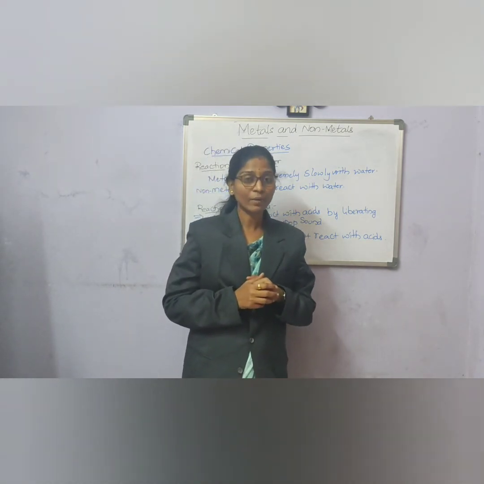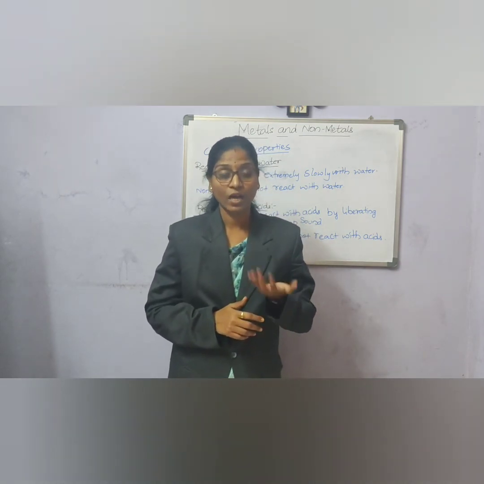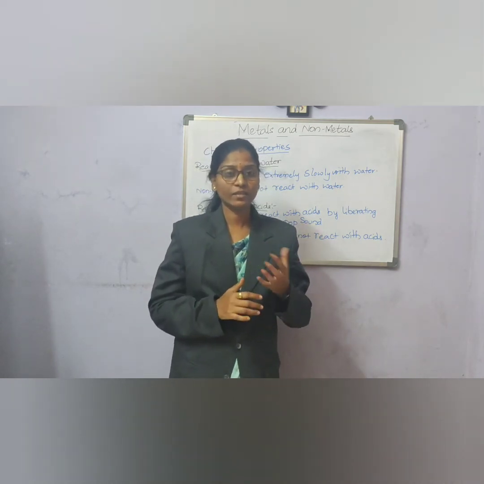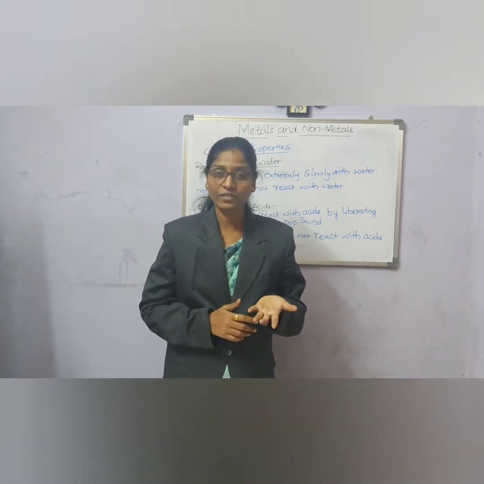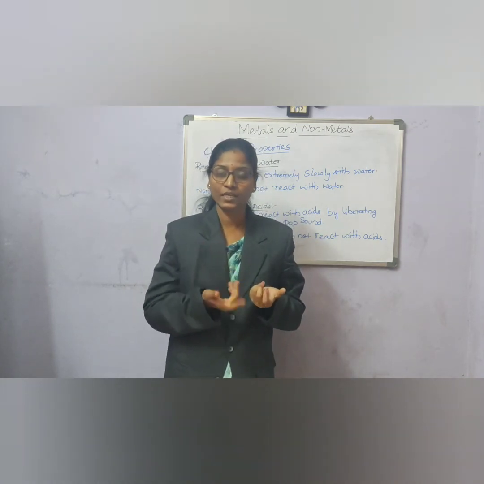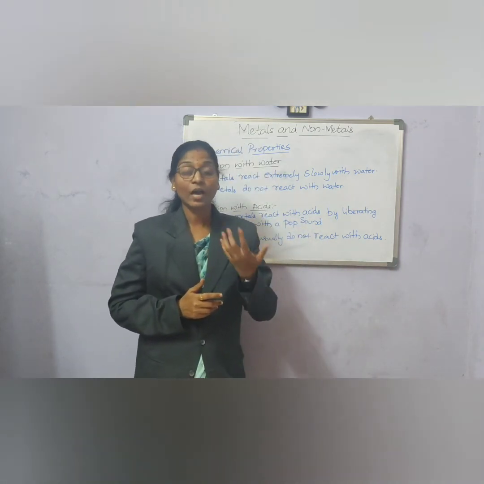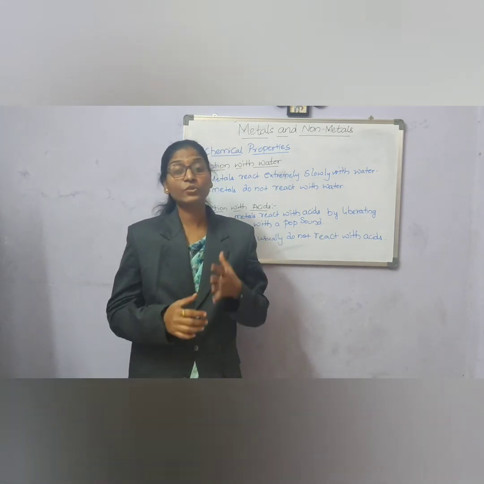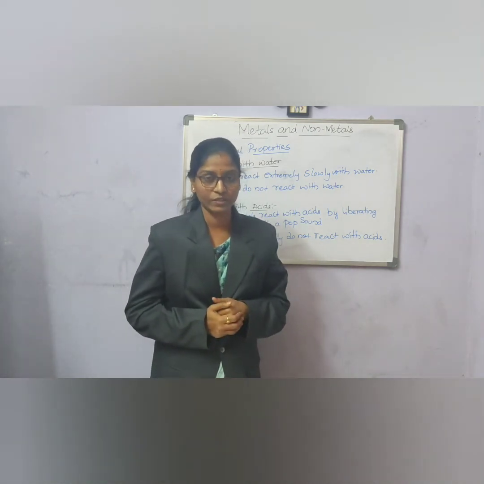And the non-metals we have seen are mainly sulfur, carbon and iodine. Sulfur is mainly used in explosives. It is also used in fireworks and crackers. Naturally, you can observe sulfur in onions and garlic. Carbon is used as activated charcoal, which is used as a decolorizing agent and in the purification of water.